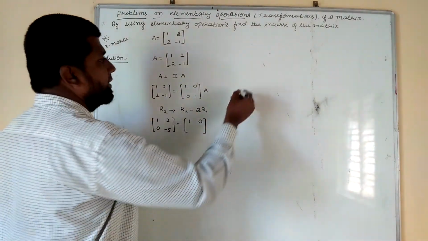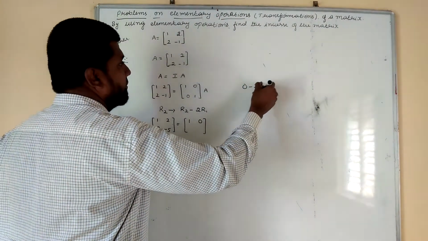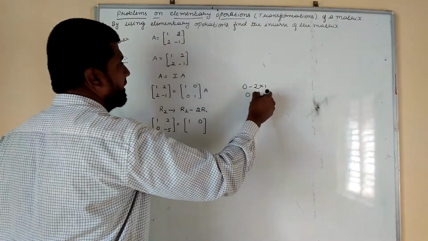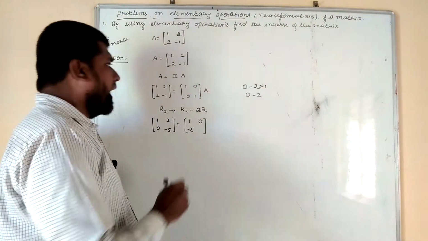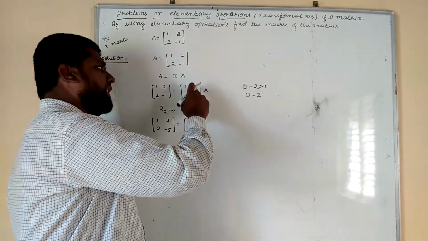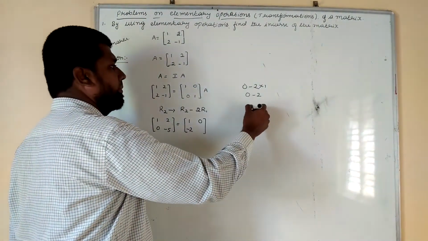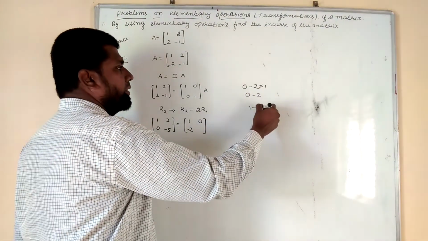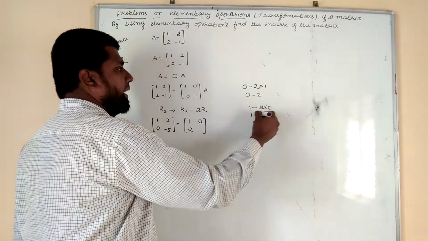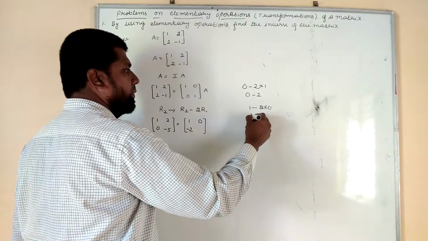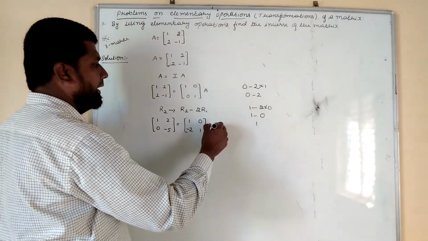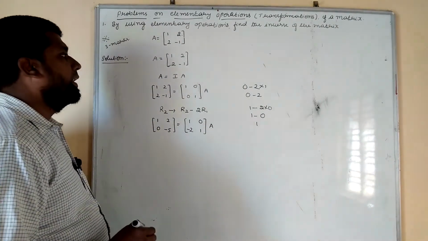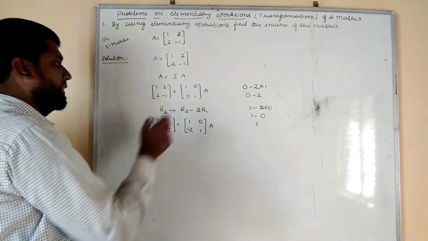Then 1 minus 2 into 0 is 1. You are getting 1. Write A the same, A only.